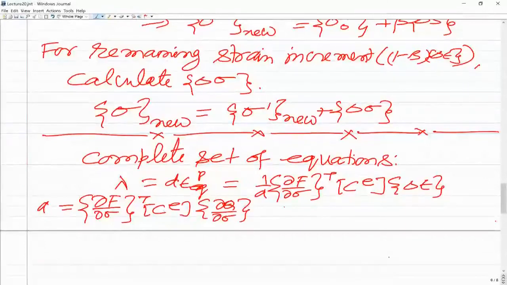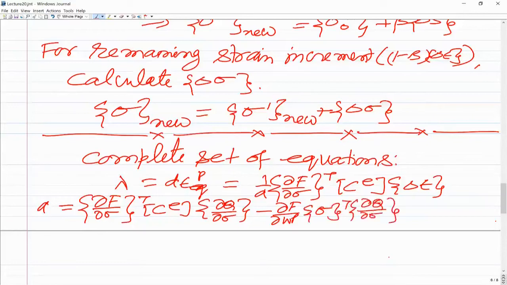For associative flow rule, Q would be equal to F. Minus del F by del WP into sigma transpose into del q by del sigma, and minus c into del f by del alpha. So these equations I am writing for the general case.